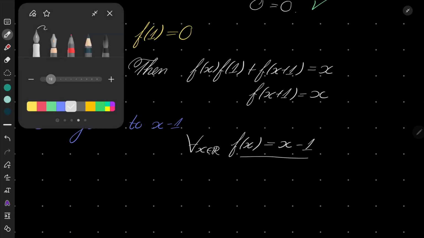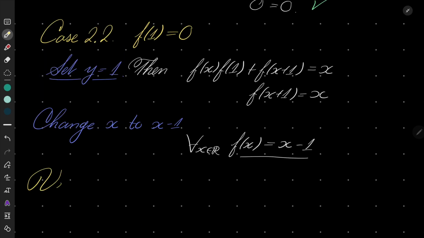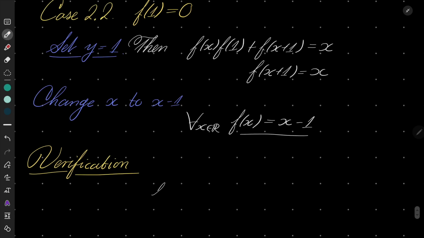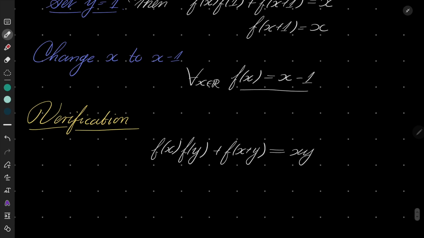And again, let's do the verification. Let's take our equation, f(x) times f(y) plus f(x+y) equals x times y, and plug in this formula. Instead of f(x), we have (x minus 1) times (y minus 1) plus (x plus y minus 1) equals x times y.